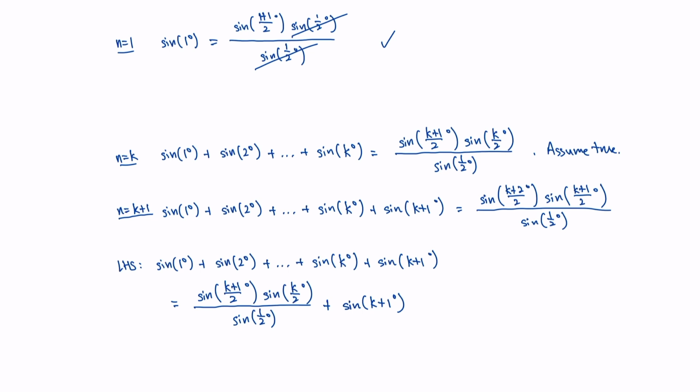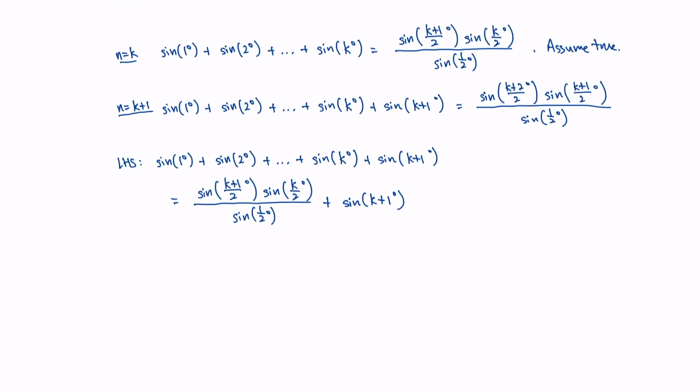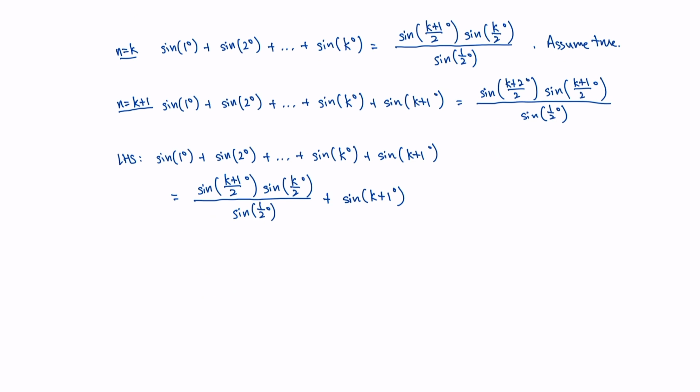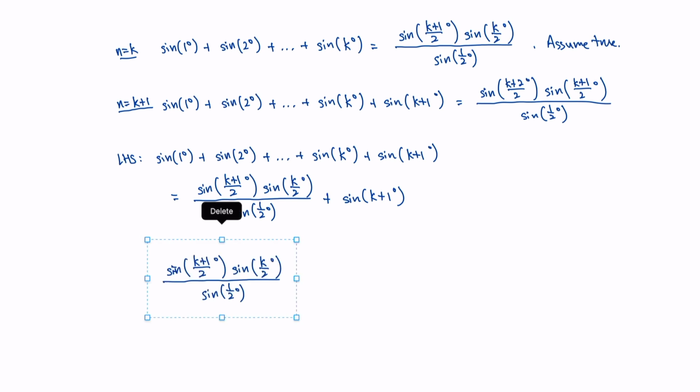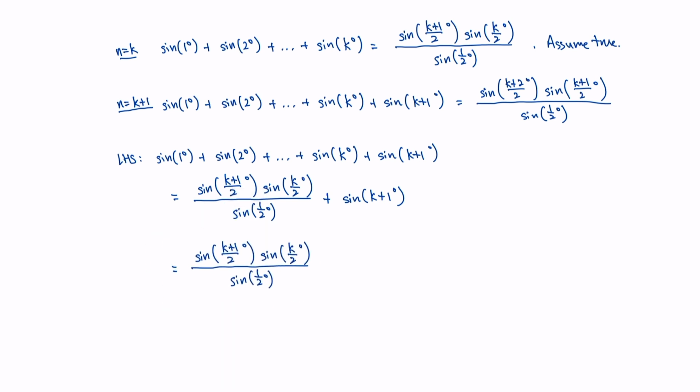Okay, now we can see in the first fraction we've got k plus 1 over 2. So this might encourage us to think about, oh, maybe we can use the double angle formula for sine in the second sine. So let's think about that. We have equals, this fraction is still there. But now I'm going to break this up using the double angle formula for sine.